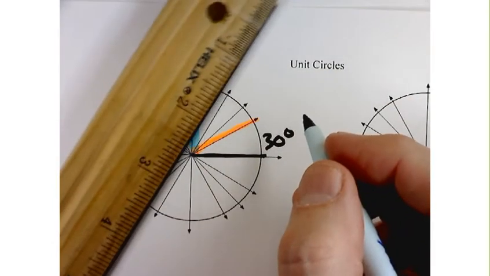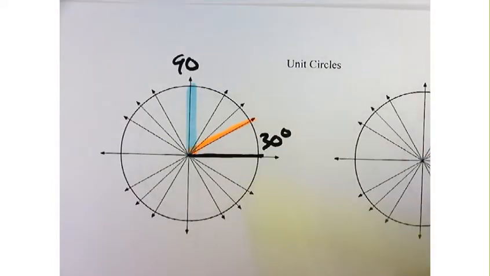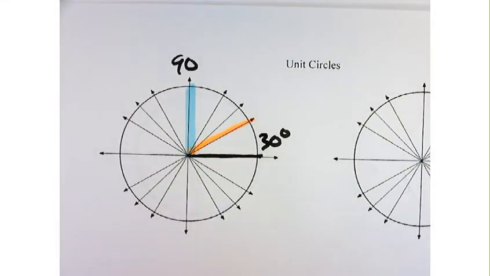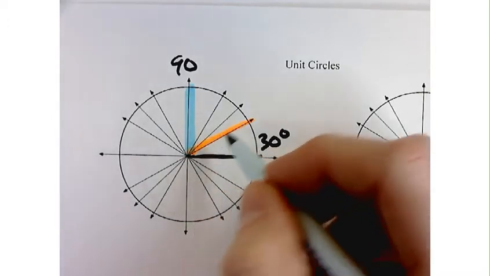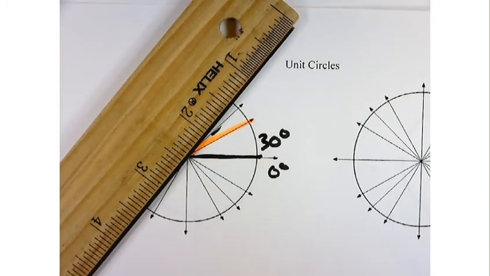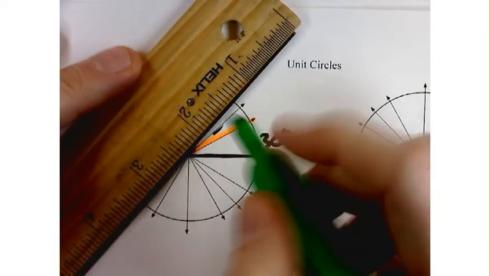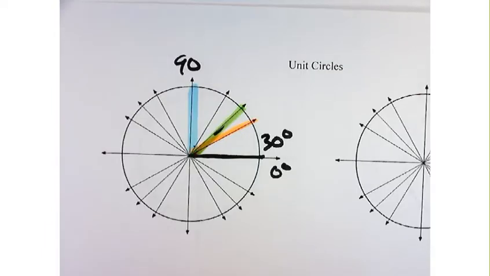And then we've got a couple other in between. What's halfway between, say, 0 degrees, which is right here on the x-axis, and 90? What's that angle going to be? 45. Yeah, 45. Thank you. So that one's going to be 45.